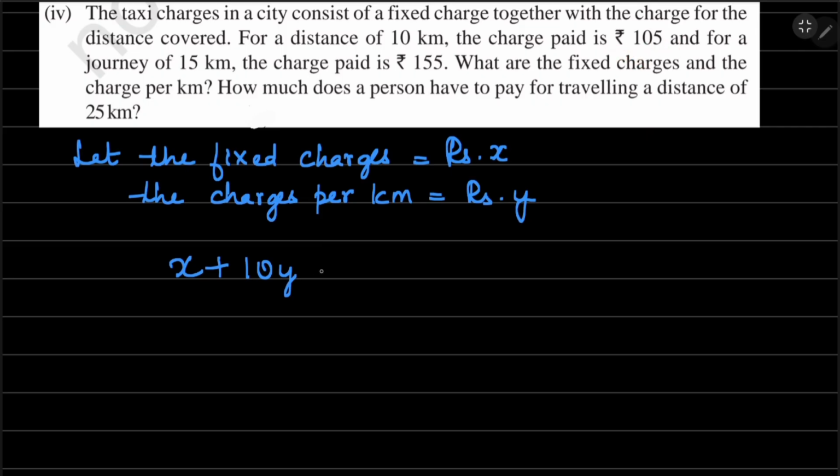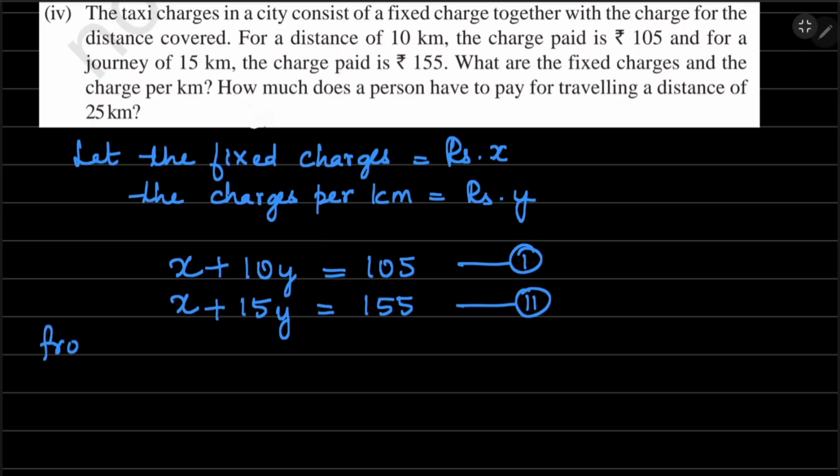So X plus 10Y equals 105. This is your equation 1. And for a journey of 15 kilometers, X is the fixed charge plus 15Y is equal to 155. This is your equation 2.